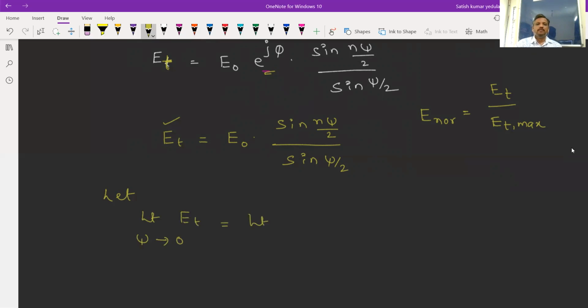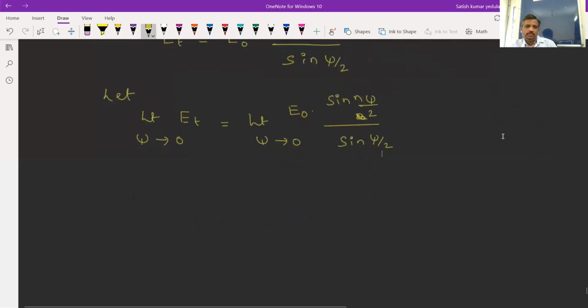Same thing, limit ψ tending to 0, E0 into sin(nψ/2) by sin(ψ/2).